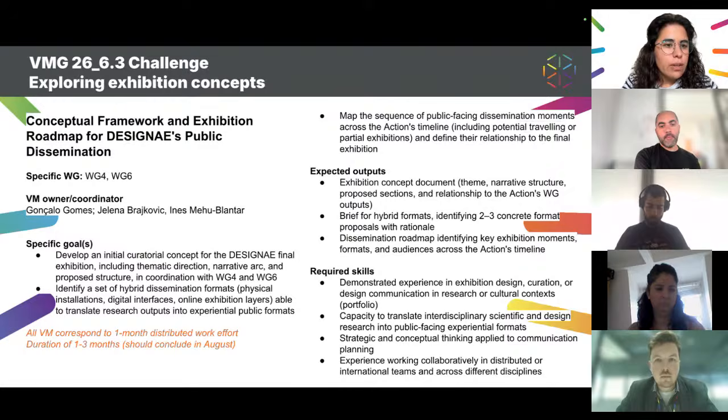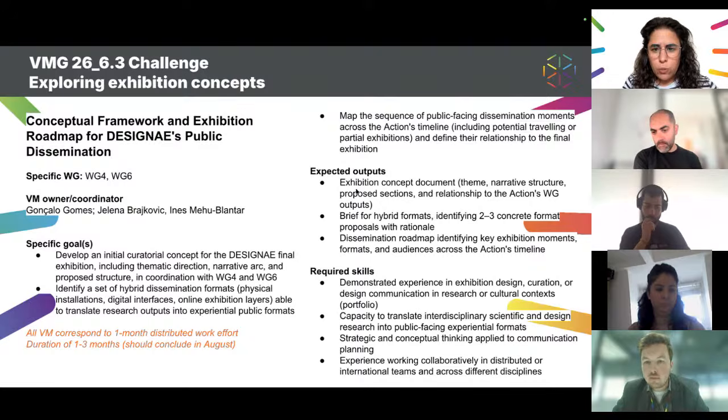Finally, we also have a challenge which looks into the conceptual framework and exhibition roadmap for DESIGNAE public dissemination. The virtual mobility owners or coordinators are Gonçalo, Yelena, and Ines.